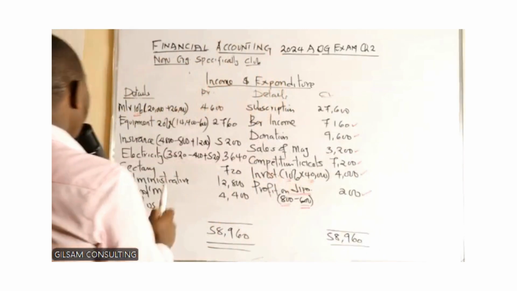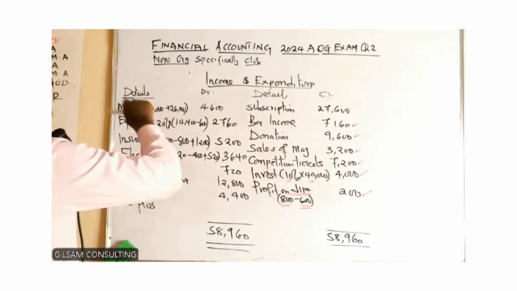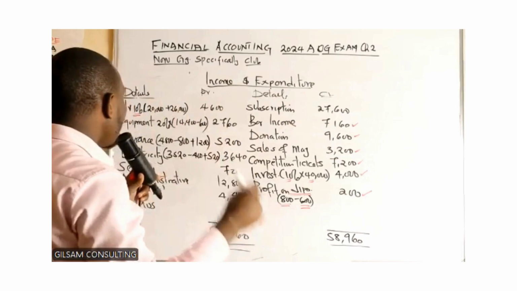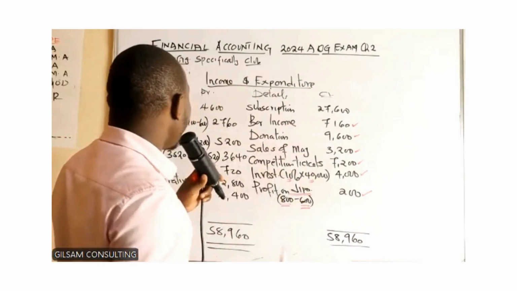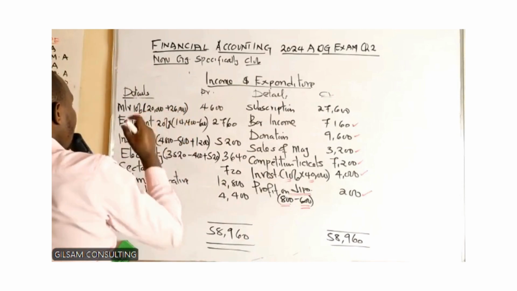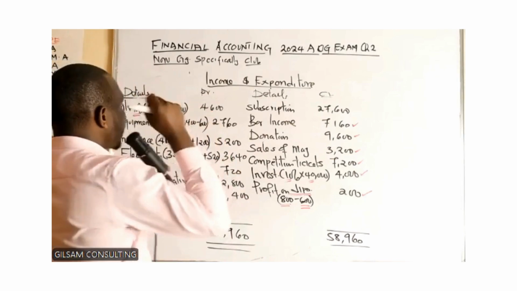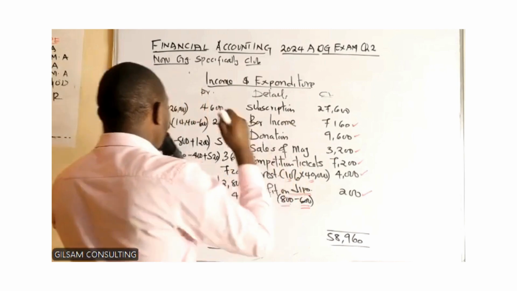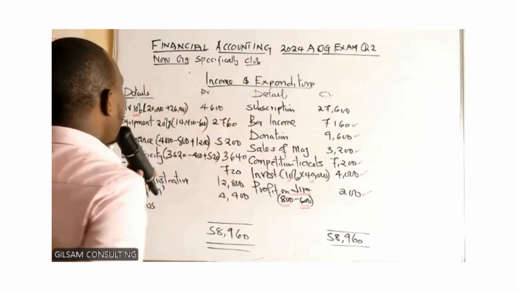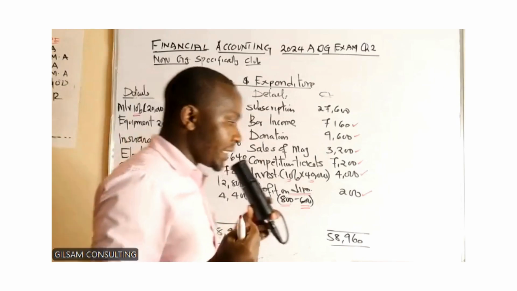So we will take the net book value of 2023, which is 20,000 plus the acquisition of a motor vehicle, which is there in our receipt and payment on a credit side of what? 26,000. So if we add the two, we'll be able to get 46,000. Then we multiply by the rate of 10%, which gives us depreciation of 4,600.